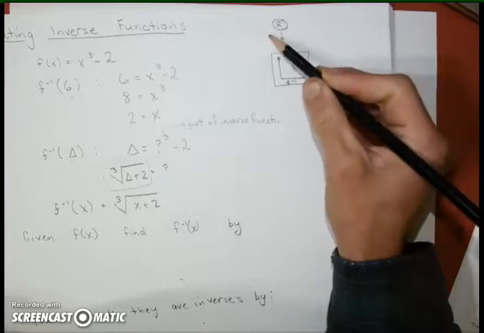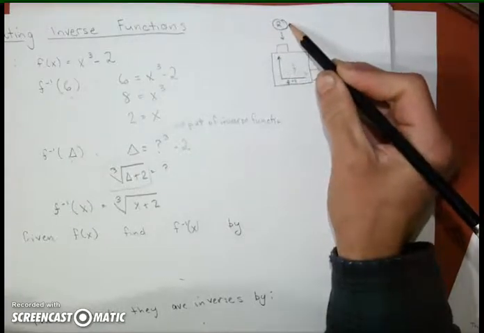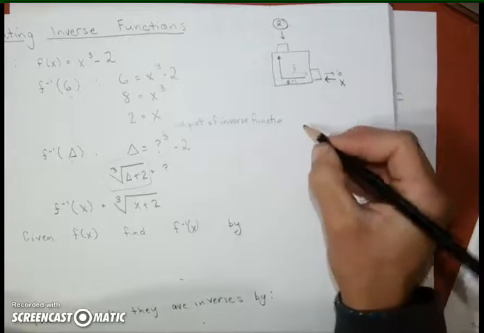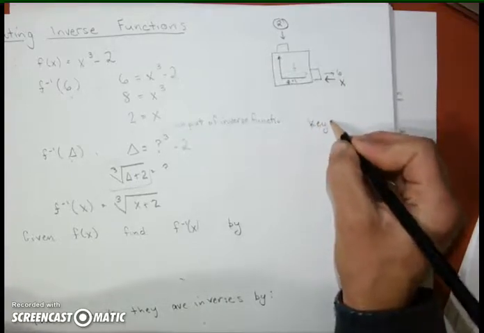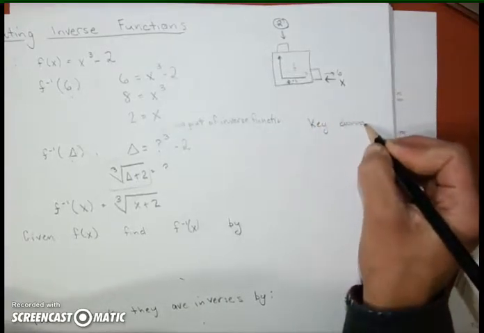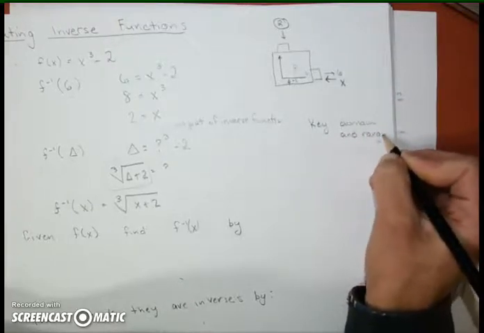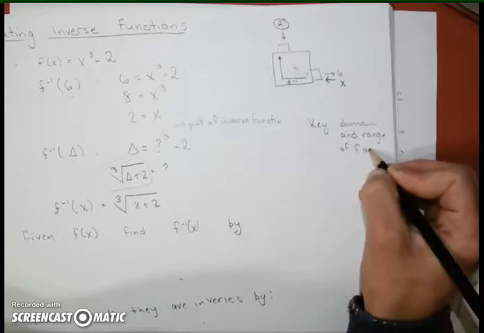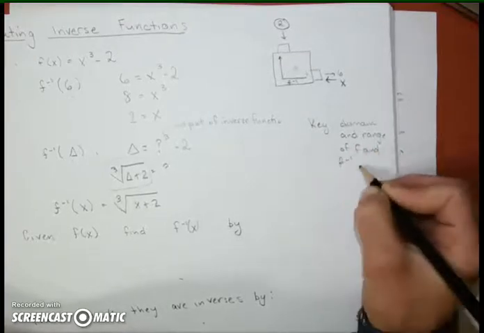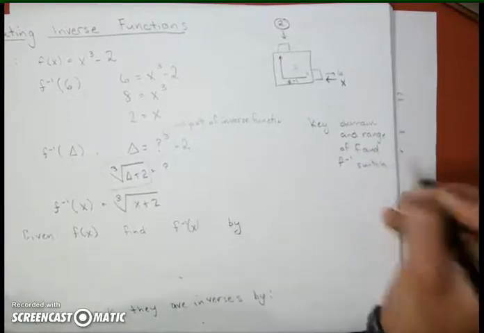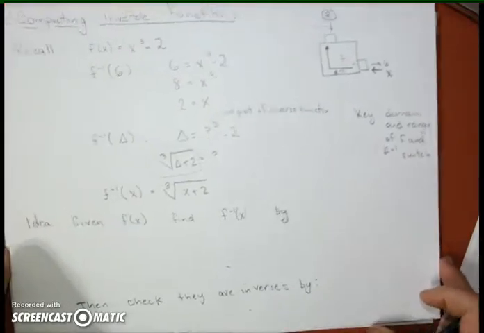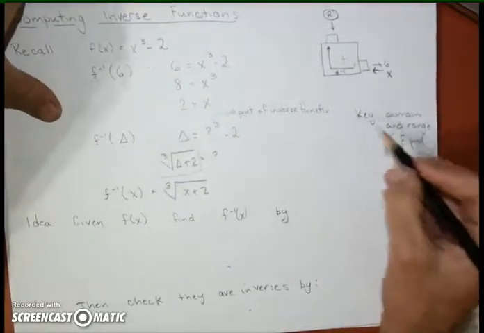So the output of f inverse is the input of f. So the key is that the domain and range of f and f inverse switch. In other words, we switch the roles of x and y.